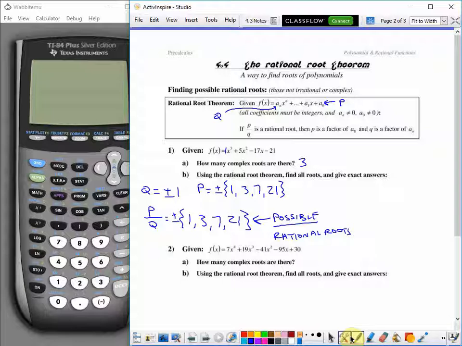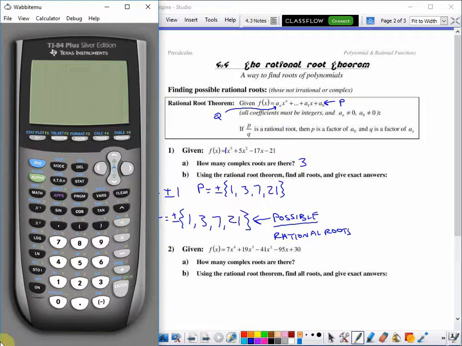Okay, so there's 2 different ways we can go from here. We could plug all of these numbers, positive 1 and negative 1, positive 3 and negative 3, 7 and 21, into this equation. And anything that gives me an output of 0 is an x-intercept, therefore it is a root. Or, if you have a graphing calculator, maybe a little bit easier, go to y equals and plug in the equation.